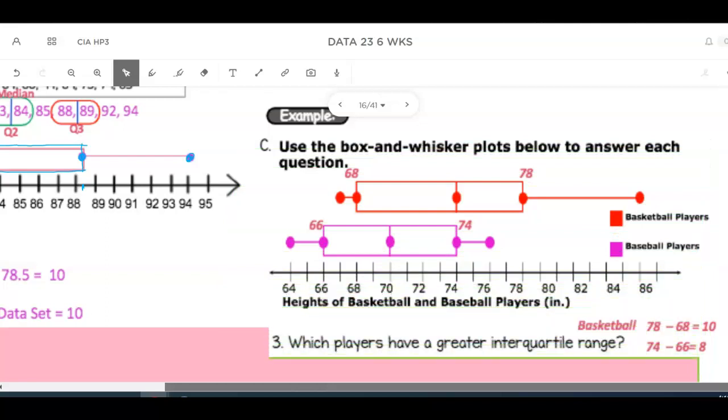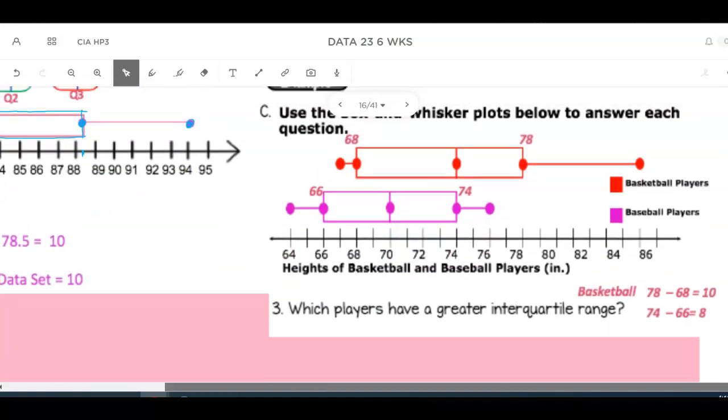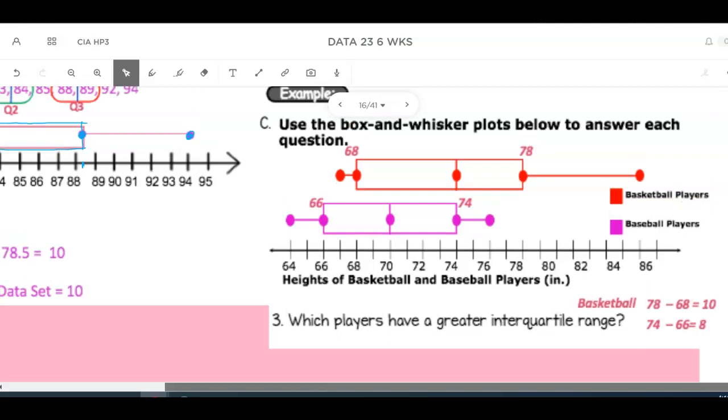Down here, we've got basketball team and a baseball team that we are comparing. Okay, so same thing, we're going to find the Q3 and Q1. So I'm just looking at where the edges of my box come down into the number line.